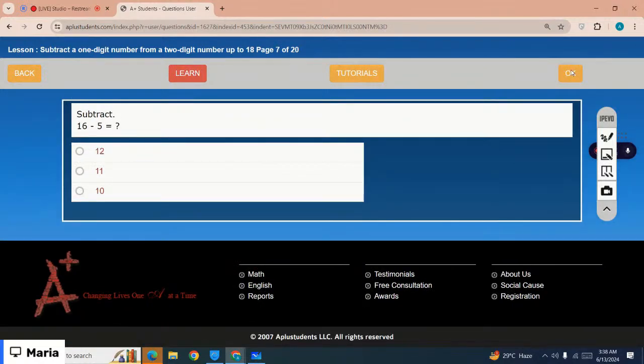16 take away 5, which is the correct option? 16 take away 5 is 11. Option number 2 is the correct option. Very good.